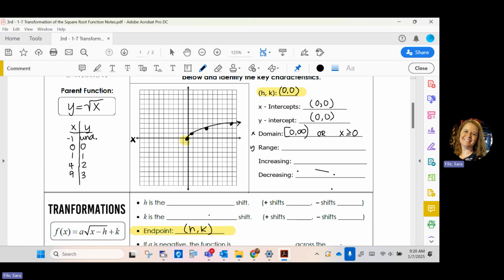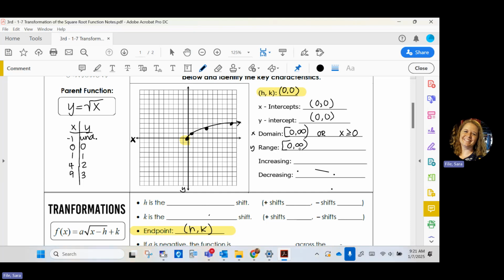Now the range is your y values. How low does this graph go? What's the lowest value? 0. What's the highest? It's going to be infinity as well. As this graph goes to the right, it's going up. So it's going up forever as well. So our range in interval notation is exactly the same as the domain.